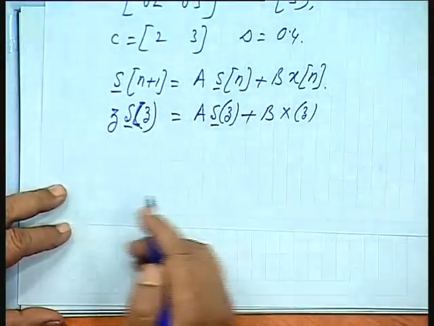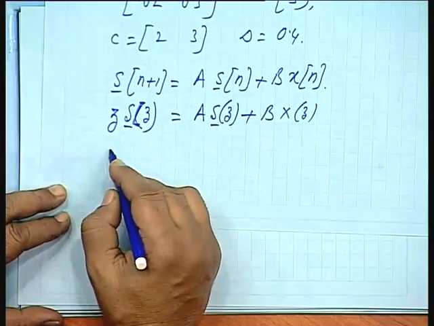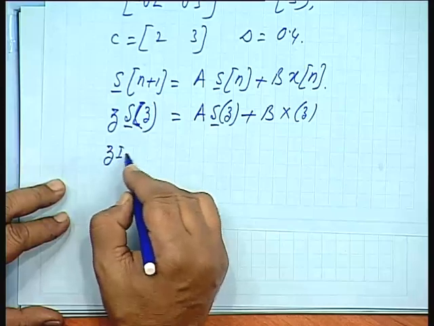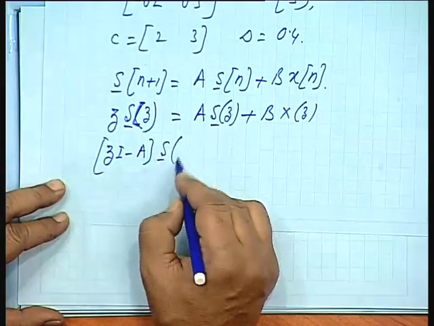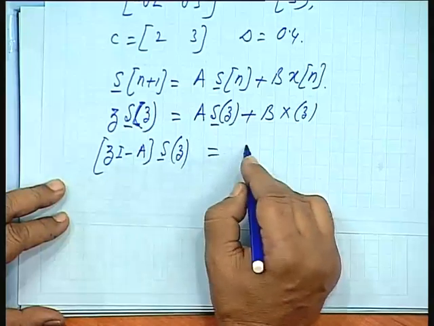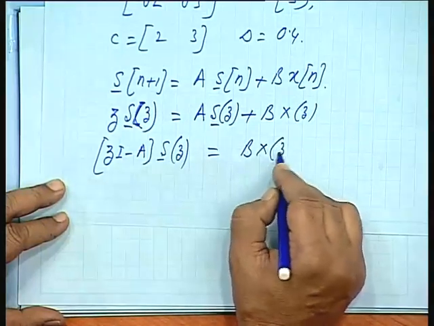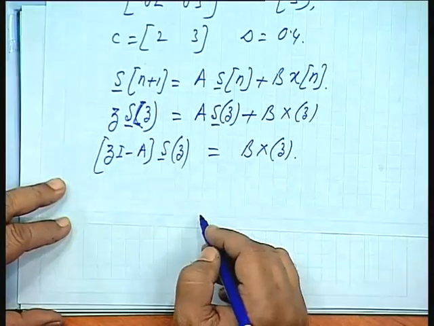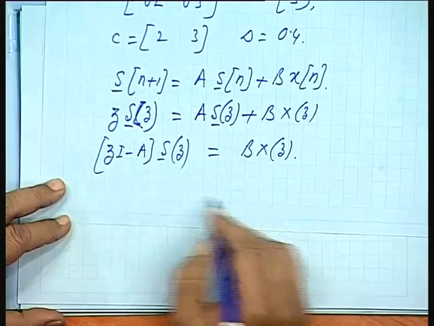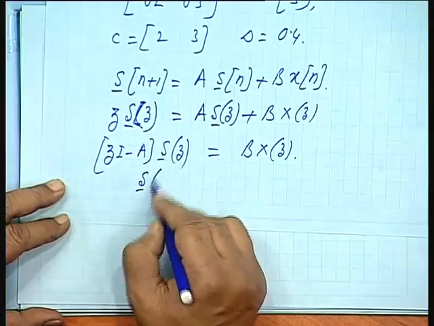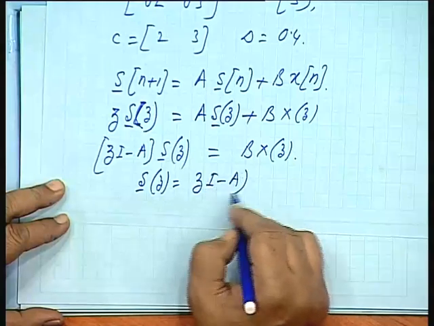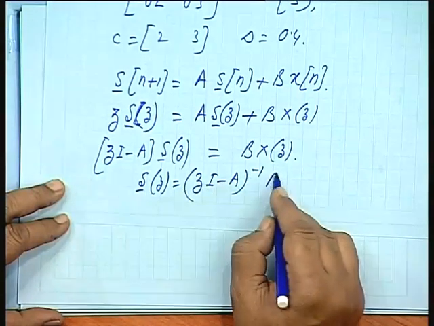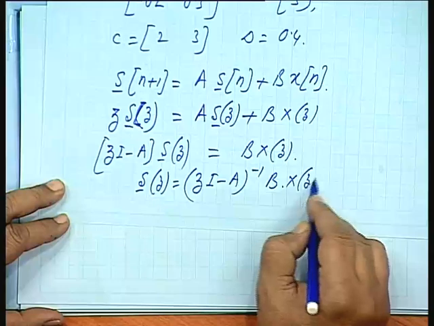So, (Zi minus A) into Sz is equal to B into Xz. Do you all agree? Therefore, Sz is (Zi minus A) inverse into B into Xz.